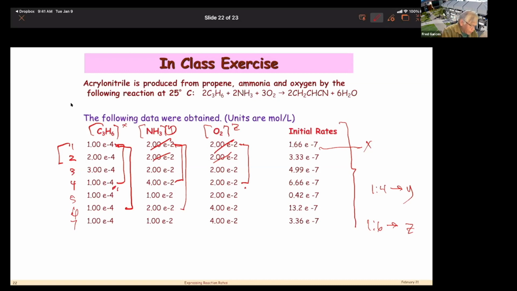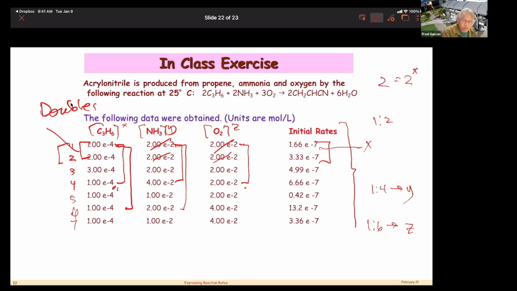Let's just do 1 and 2. Let me show you how you can do this in your head. You notice that for 1 and 2, this doubles. So that doubles. And notice that this doubles. So 2 to the X equals 2.